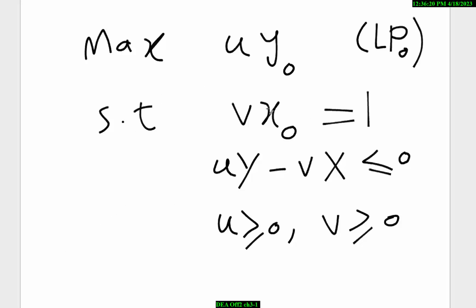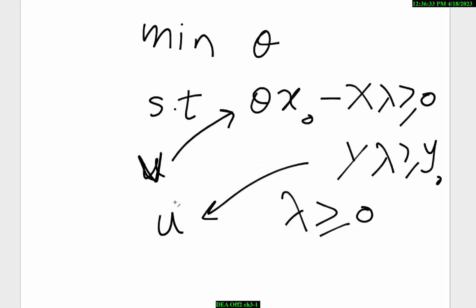This model is also named the multiplier form of the CCR model, and its dual, the dual of LP O, is named the CCR model in envelopment form.